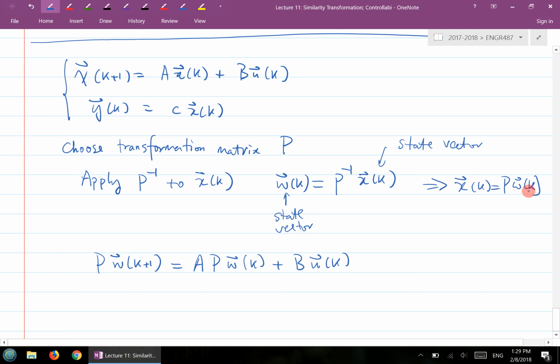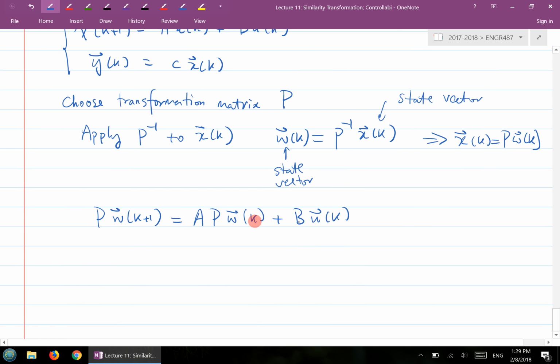If you substitute x of k with P w into the original state equation, we get this. And y of k is equal to C times P w of k.